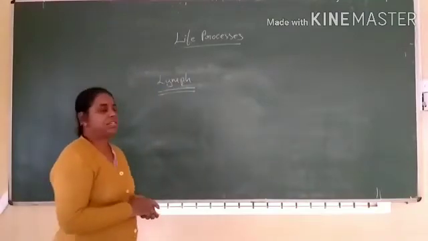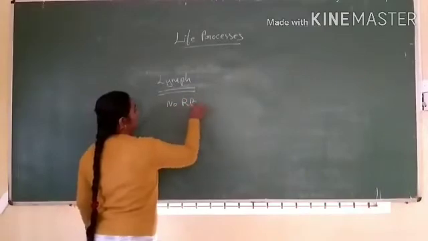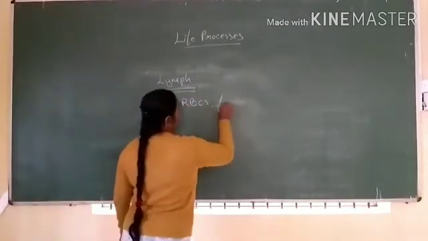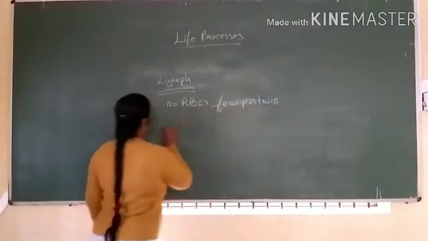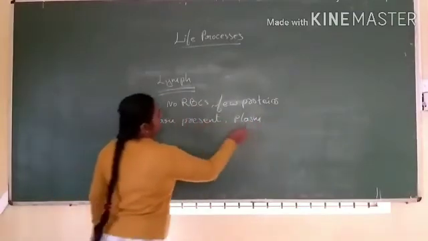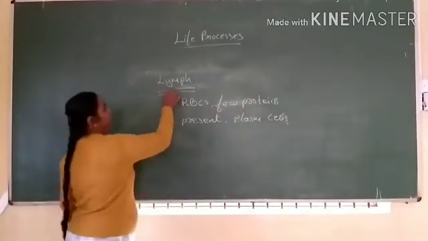Why is it colorless? Because no RBCs are found, and only few proteins and some blood cells are present. Therefore we call it lymph.